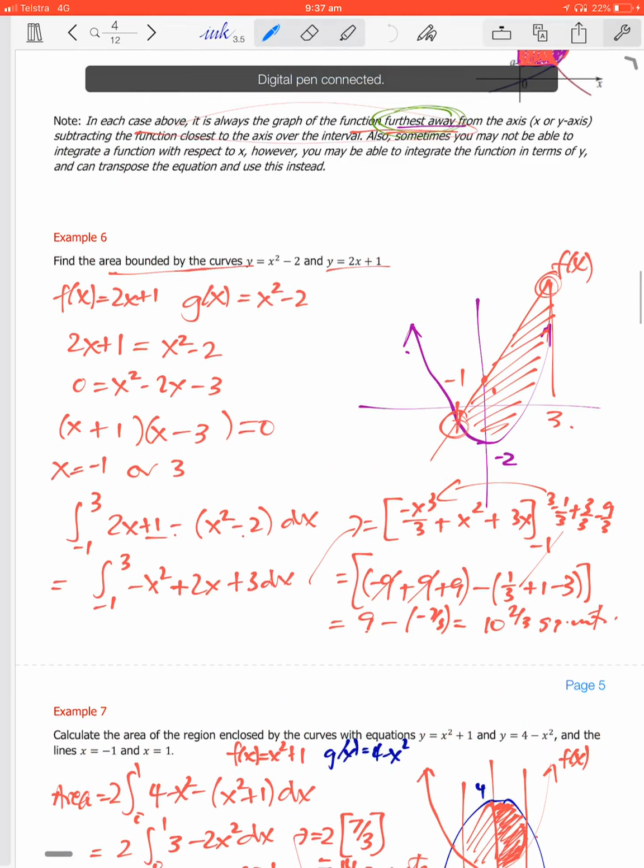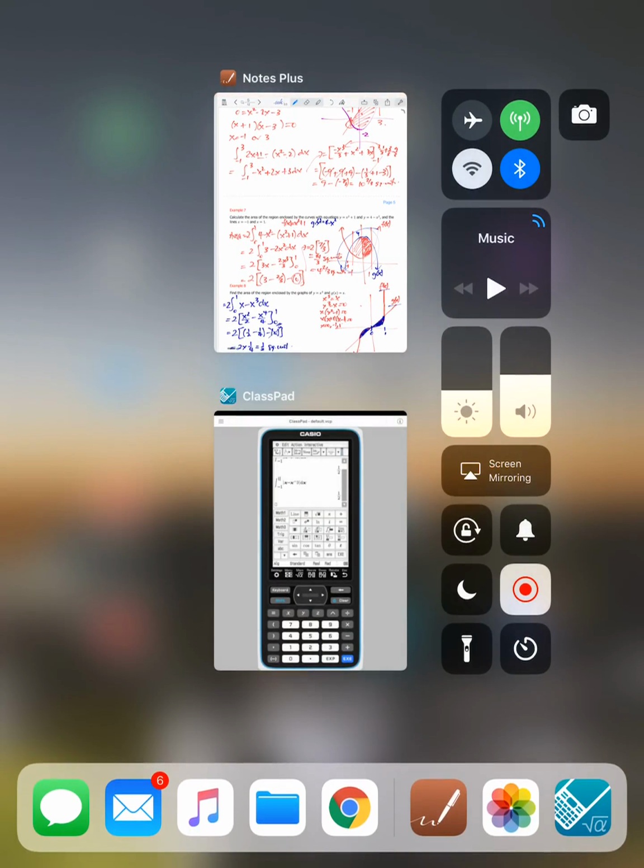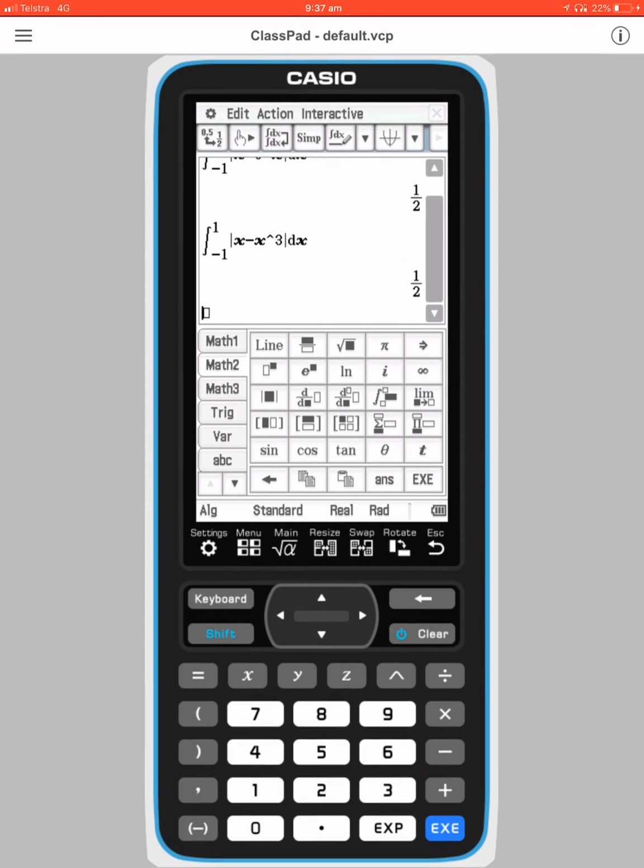Oh, I'll just close my program. So we can check it for this graph here, just to make sure I'm not lying. So integral from -1 to 1, modulus of x squared plus 1 minus, now my other graph was 4 minus x squared, dx, and we get 14 on 3.